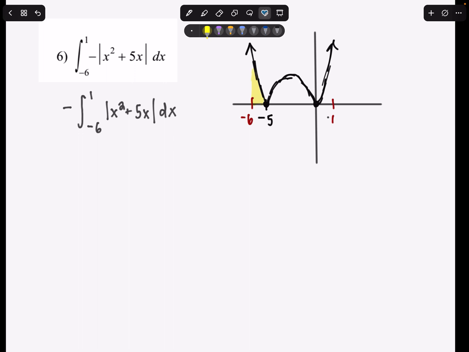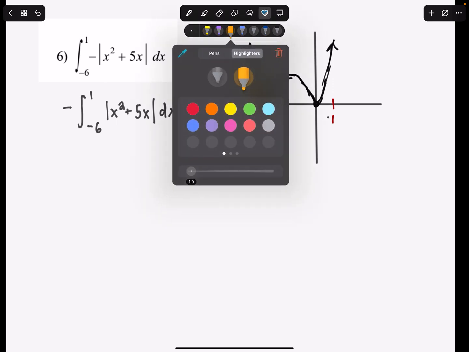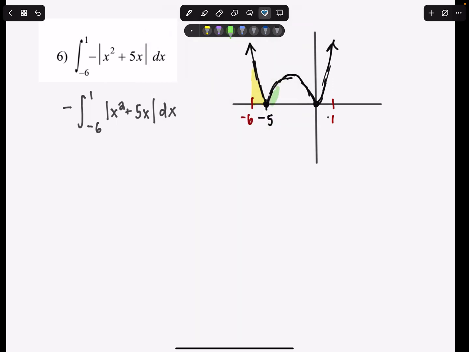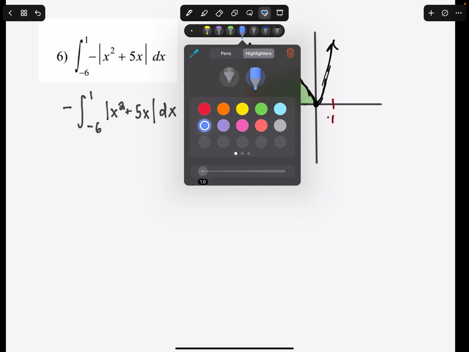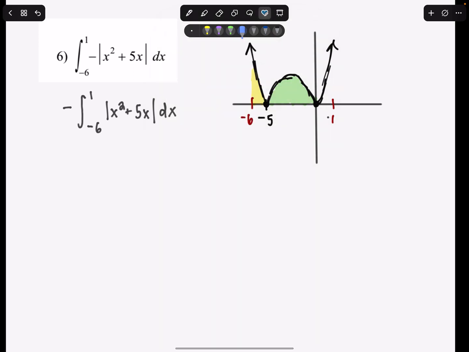And then I'm going to need to find, let's make this green, this area right here. And that blue is fine. And then we're going to find this area right here. So that's going to be 3 different integrals.